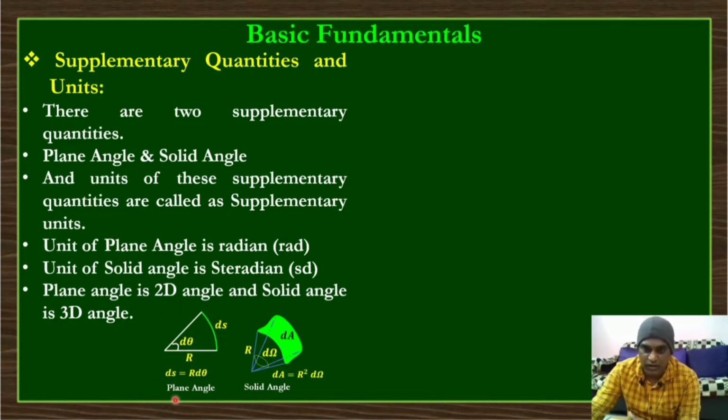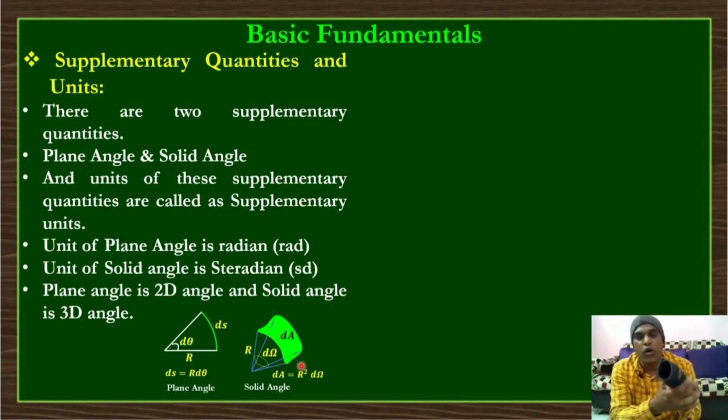Now here this solid angle forms a surface. For example, let us take this pouch. It is a cone like structure. So this is a surface, suppose, and if you join all these points to one point here, this 3D angle is called a solid angle.